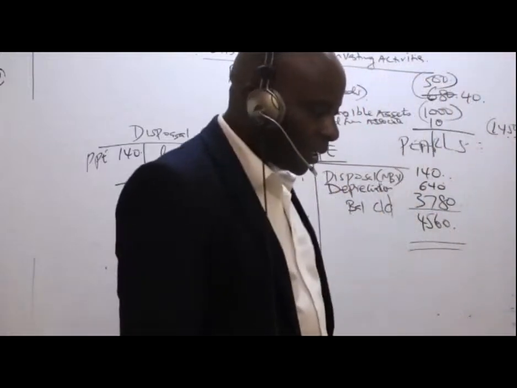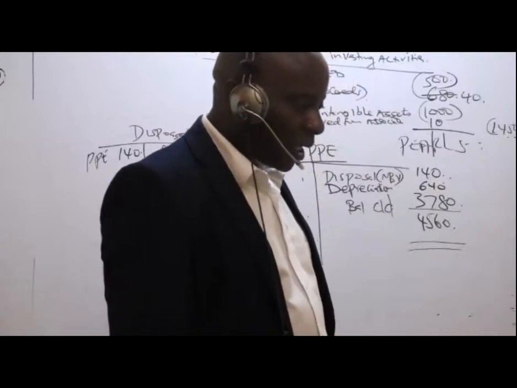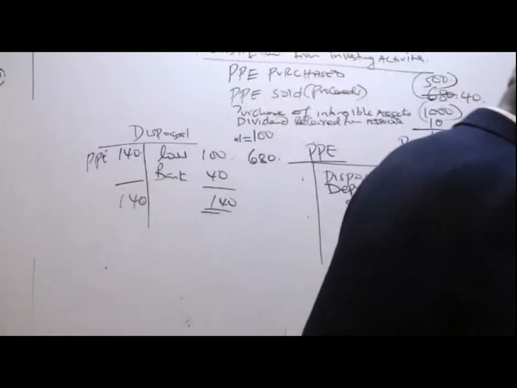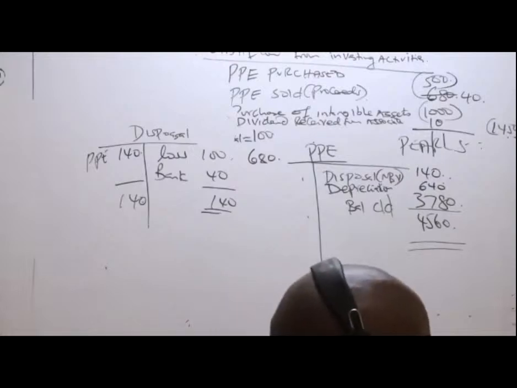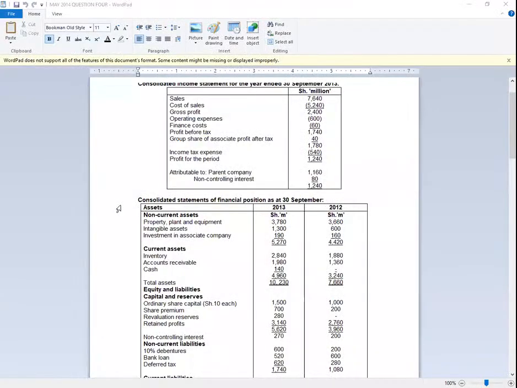Why are you not deducting share of profit of associate under operating activity? Have you done this topic in class? Now, if you get yourself subtracting share of profit after tax, it means that your teacher was starting from profit for the period.